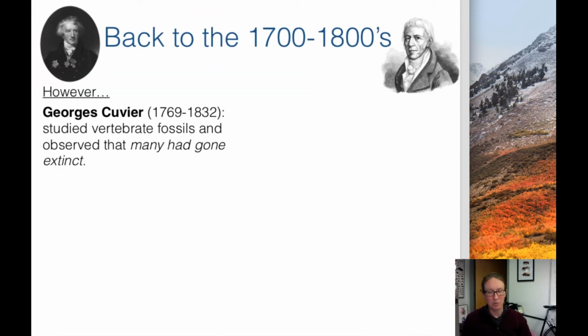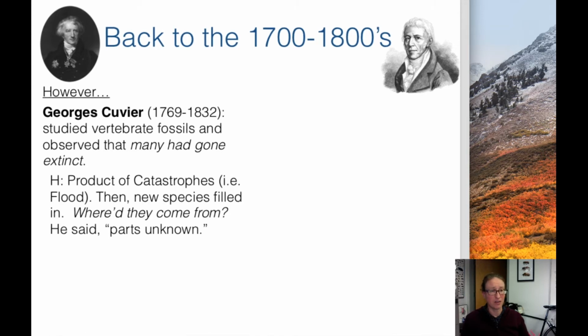Okay, so that was those two guys, but they weren't the only prominent voices talking about this topic in that time frame. There's another guy here, George Cuvier on the left, who was studying a lot of these vertebrate fossils, and he noticed something else, which is that there were a lot of fossils for vertebrates that aren't alive today.